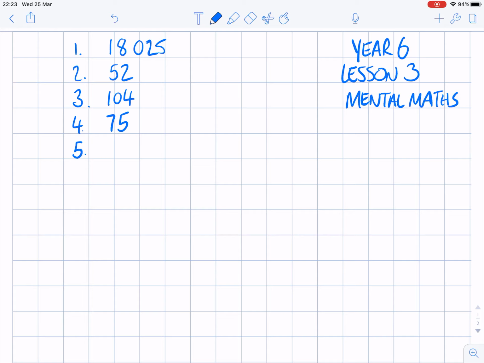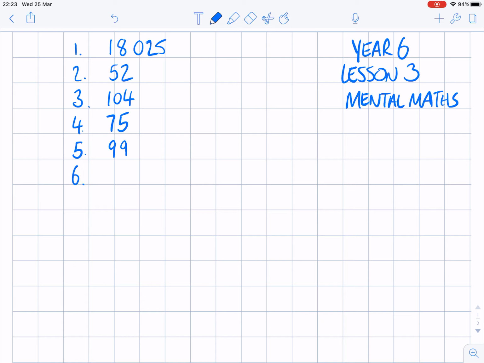Question 5, subtract 60 from 159. Well, the easiest way would have been to take away 59 and then take away 1. So you're down to 99. Sorry, that bamboozled me then. Question 6.